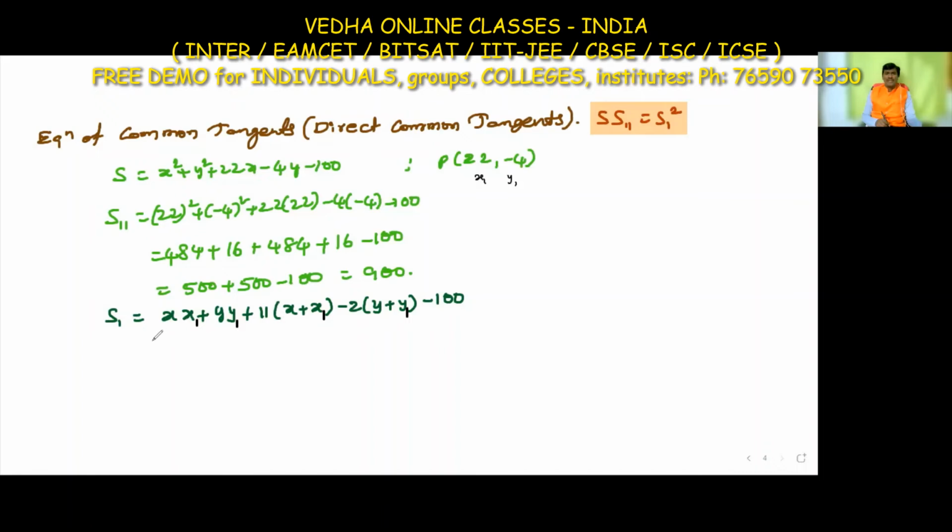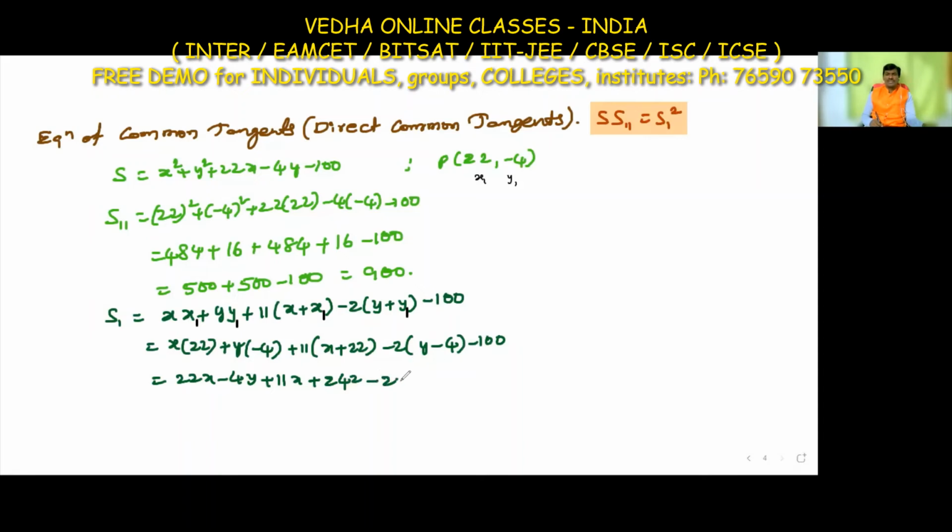Now in this, I am substituting the x1, y1 values from here. x into x1 is 22x, plus y into y1 is minus 4y, plus 11 into x plus x1, that is 11x plus 11 into 22, which is 242, minus 2 into y plus y1, that is minus 2y, minus into minus plus 8, and minus 100.